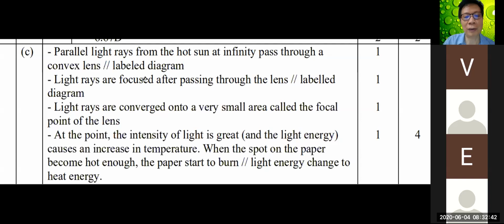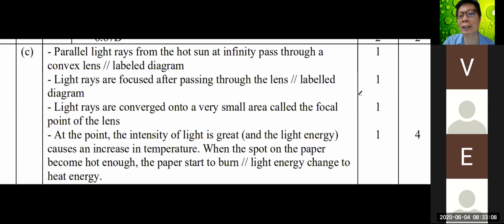Light rays are focused after passing through the lens. Then the light rays are converged onto a very small area called the focal point. At that point, the intensity of light is high, causing an increase in temperature. So when the spot on the paper becomes hot enough, the paper starts to burn.